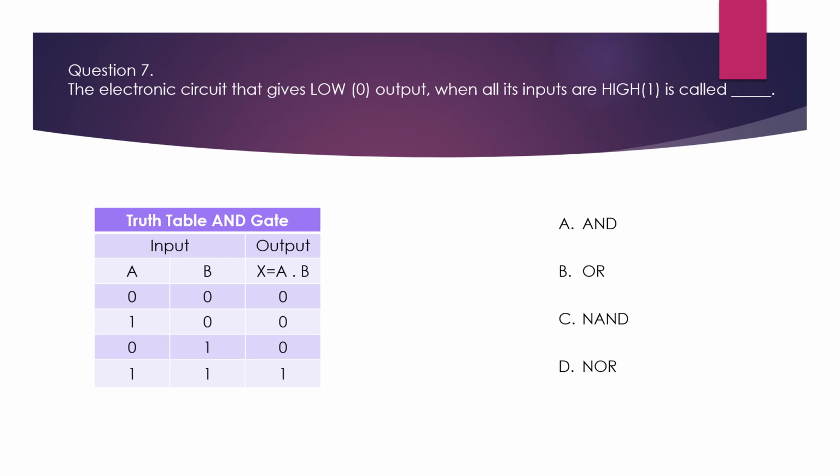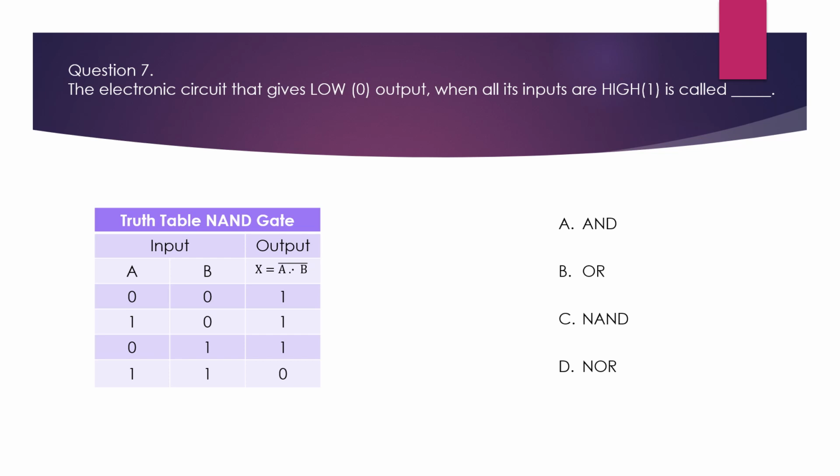But we need here a low output when both the inputs are high. This is given only in the NOT AND gate. Not AND means it's a NAND gate. So the truth table for the NAND gate is here.